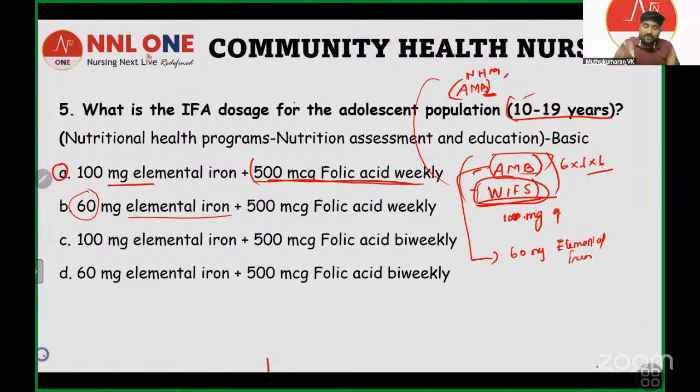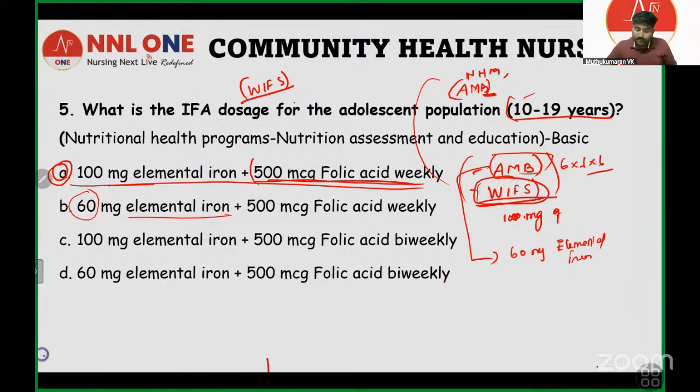As of now, I have taken this question from the previous year Q bank. It suggests that it is 100 mg of elemental iron, because it is from the weekly iron and folic acid supplement. From now onwards, in upcoming exams, if they ask generally about iron and folic acid dosage, then you have to choose 60 mg of elemental iron and 500 mcg of folic acid, unless they specify the component they are asking from.